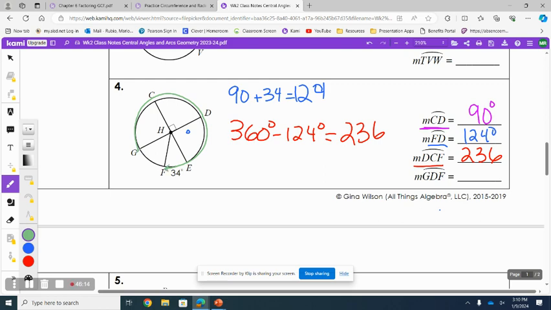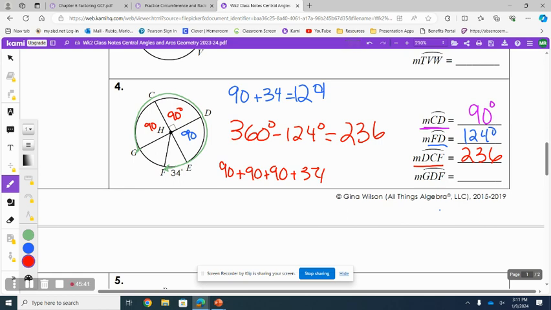So we remember we said this one was 90. That's 34. We've got 90 here, and we've got 90 here. So we got 90 plus 90 plus 90 plus 34, what is that?